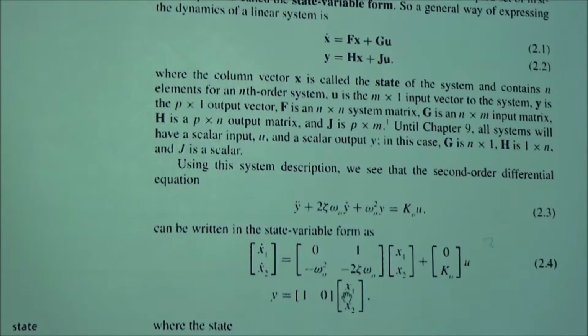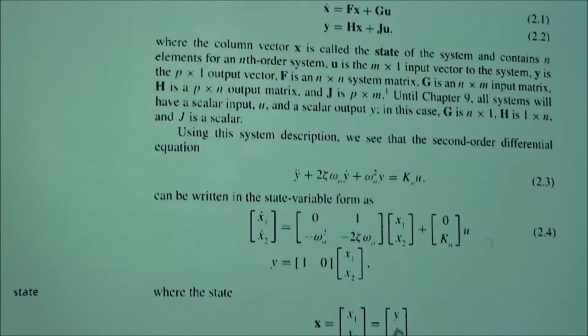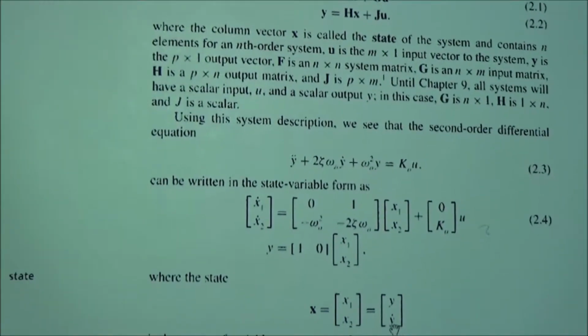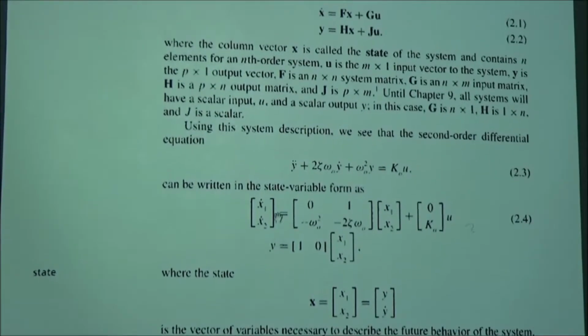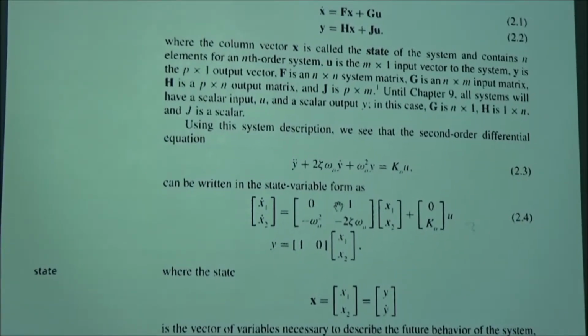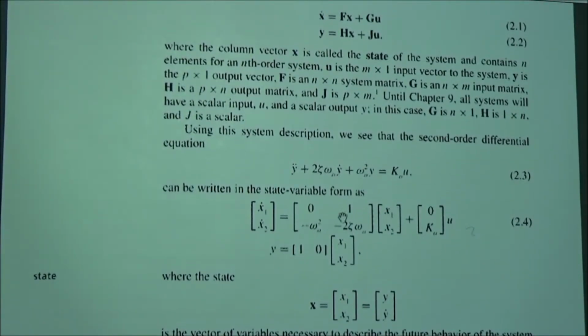If we call y as x1 and y dot as x2, then x1 dot is y dot, which is x2. So x1 dot is 0 times x1 plus 1 times x2 plus 0 times u. That is the vector representation of that simple equation, x1 dot equals x2.